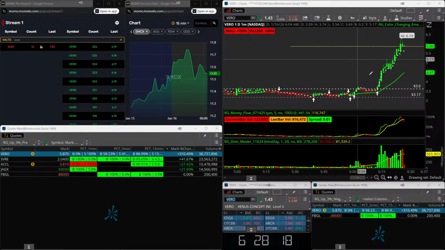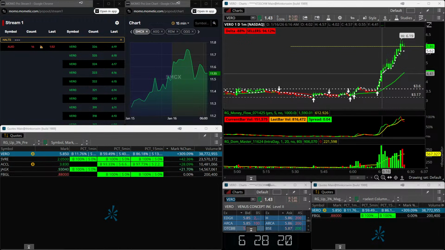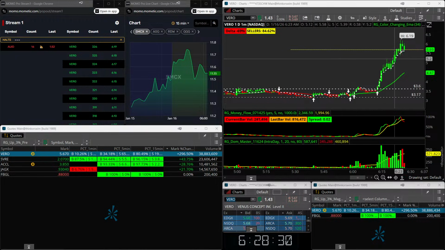So imagine yourself on this stock and the candle's right here and you're up $3,800, $4,200. Do you take it or do you hang on?